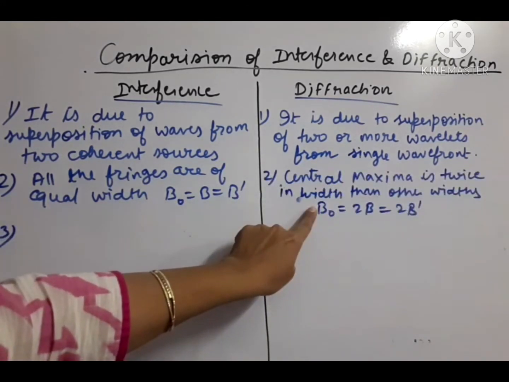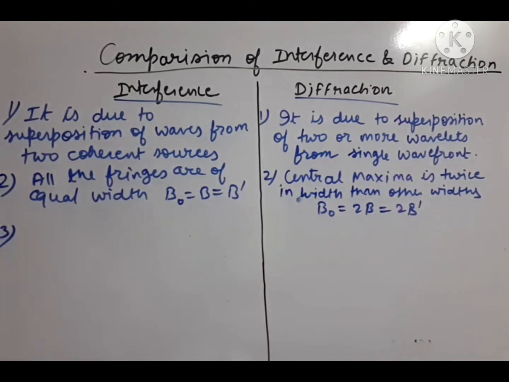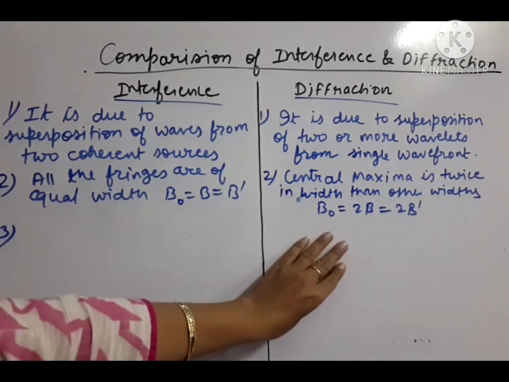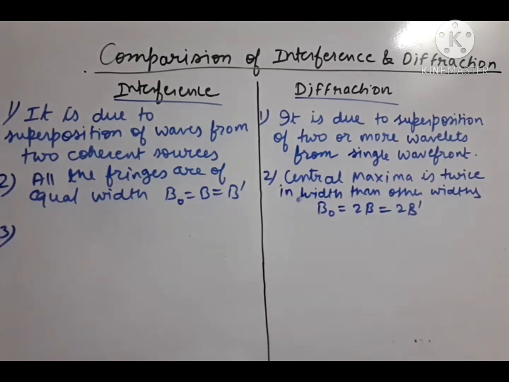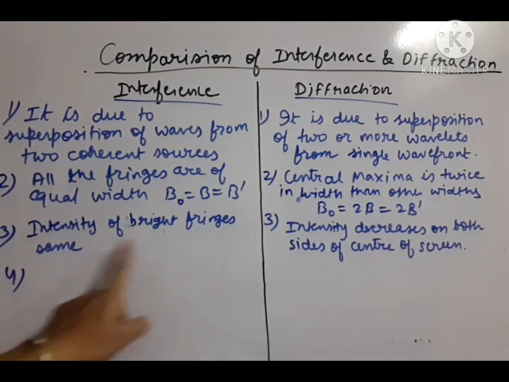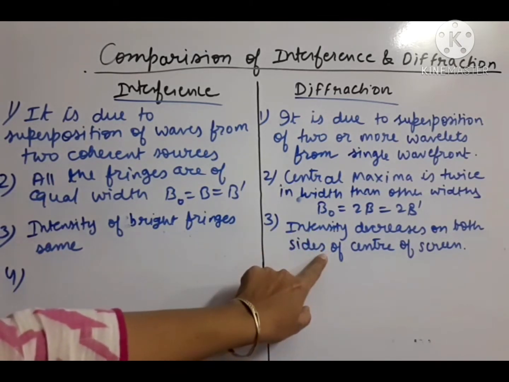Show this relation: beta 0 is twice beta dash. Next we can discuss intensity. In interference the intensity of all the bright fringes is the same, but in diffraction the intensity of the bright fringes keeps on decreasing on both sides of the center of the screen.